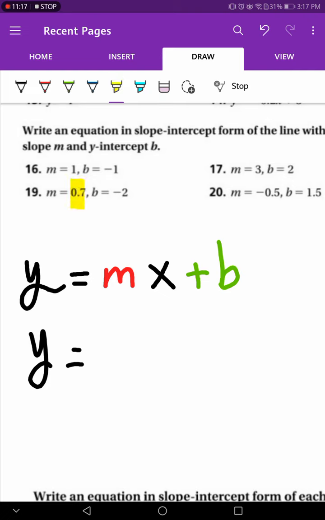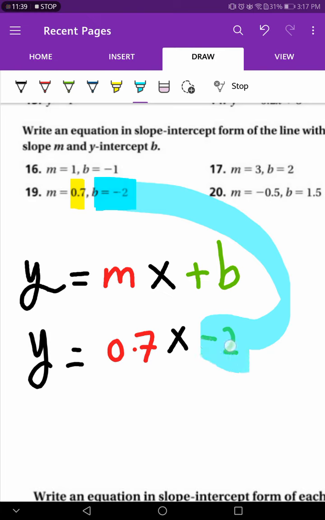The slope is 0.7 and the y-intercept b equal -2. Let us start. y equal 0.7x - 2. So the -2 comes from here, which is b.